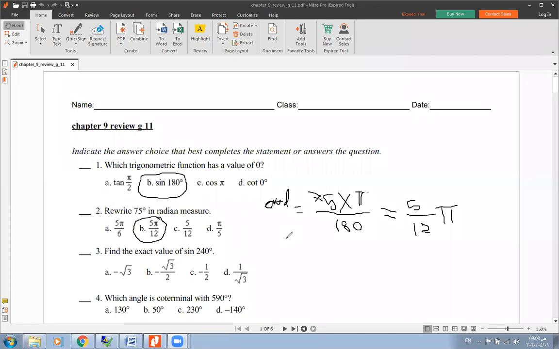How does he get 60? This angle is in the third quad. In the third quad, it will be 180 plus what equals 240, 180 plus 60. So our angle is 60, so we get sine 60. But really it's negative sine 60 because we're working in the third quad. In the third quad, tan is positive, and the others are negative.